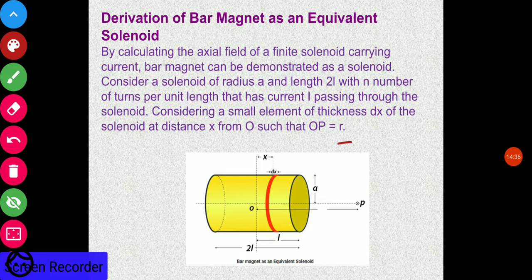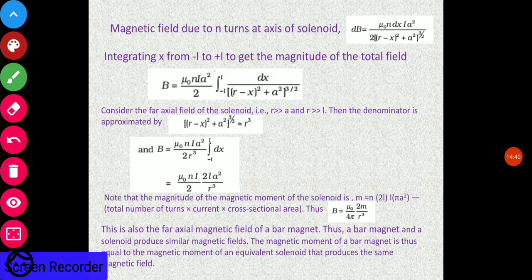Now we will calculate the magnetic field at point P. For this, as you know, the magnetic field due to n turns is on the axis of the solenoid. Now here we have taken a single ring, and we know the magnetic field at an axis point of a current carrying coil, which we have discussed in the previous chapter.